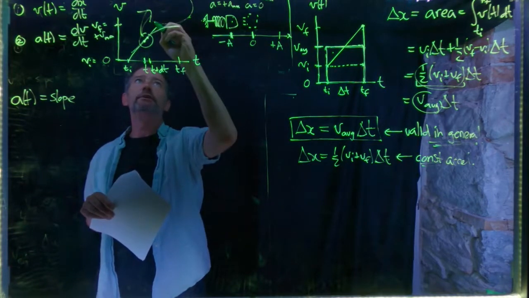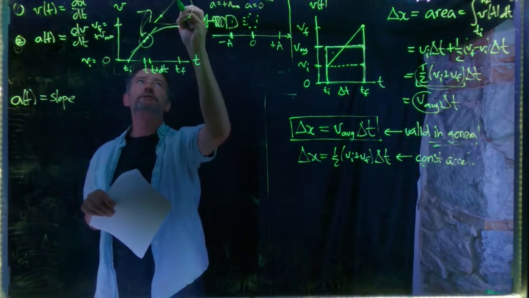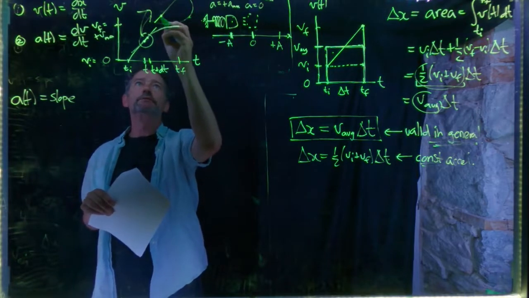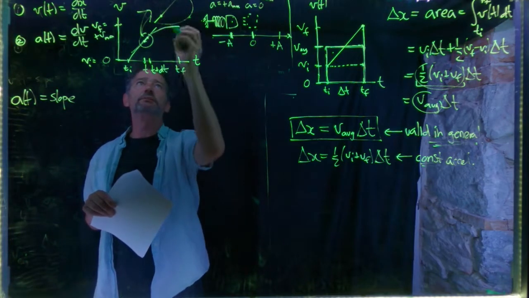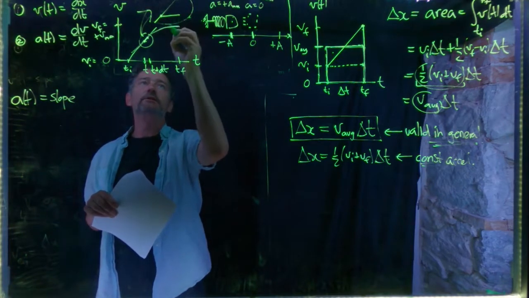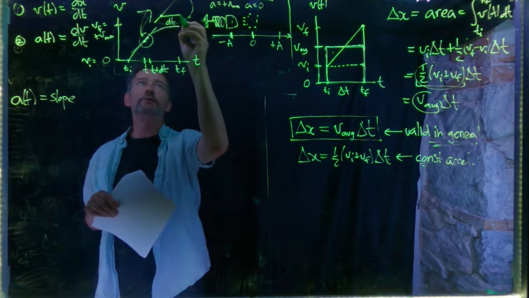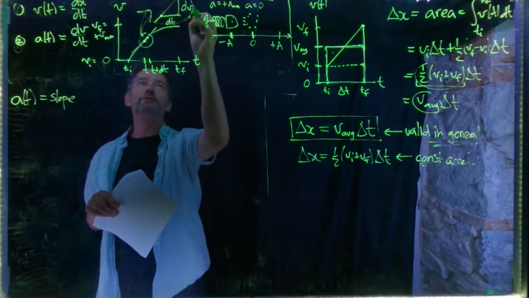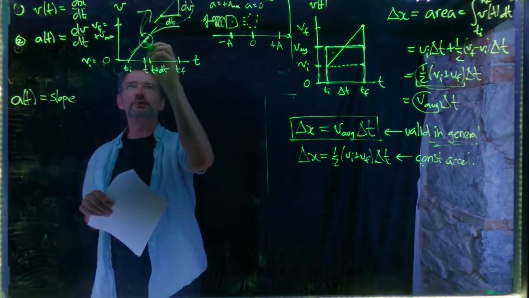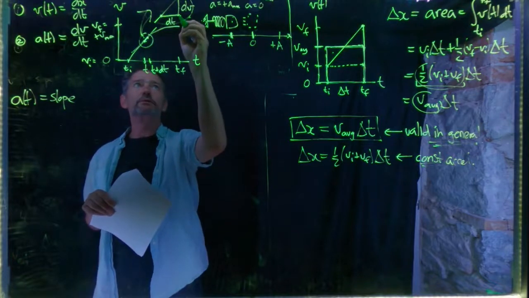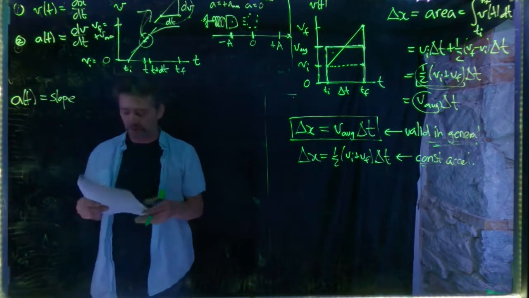Okay, so we have a virtually straight line. This is the velocity at time t, and this is the velocity up here at time t plus dt. And so we have the same as before, a run of dt and a rise of dv. So during a time from t to t plus dt, the velocity changed from this value to this value. And so the rise is that distance, dv.